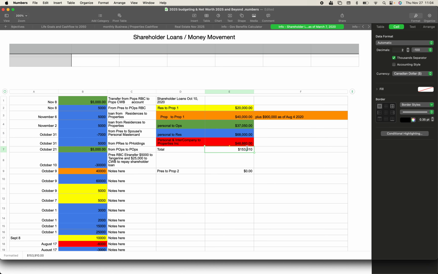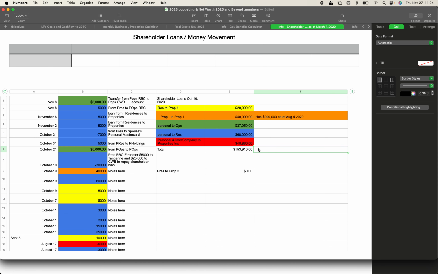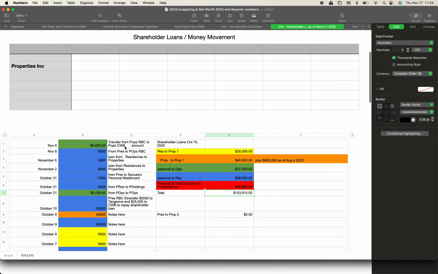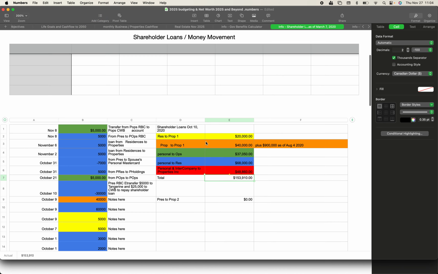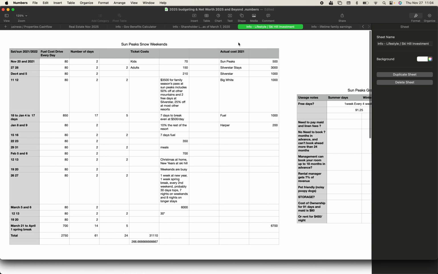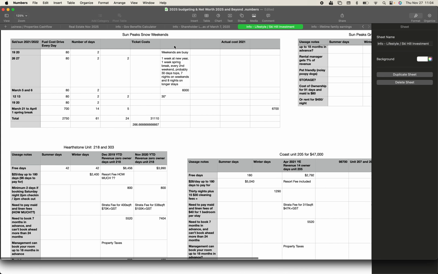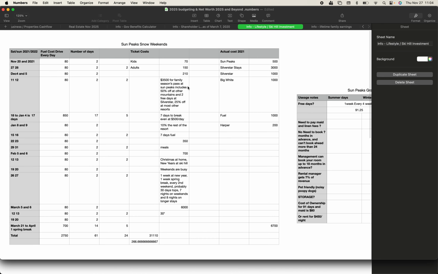And if you're loaning money to your companies, hopefully you're going to get a return on that money, so you should track that. So here's just an example of some shareholder loans. And if you're looking at buying a property, say a ski condo or something by the lake, you can see what the cost of ownership is, and then factor in revenue or whatever, and see maybe it's.